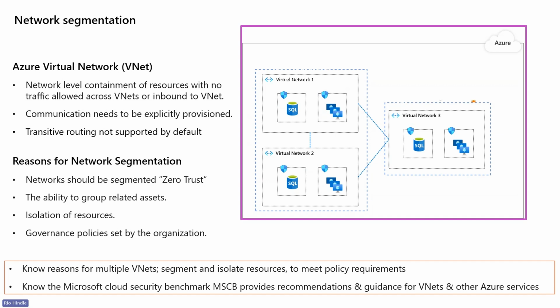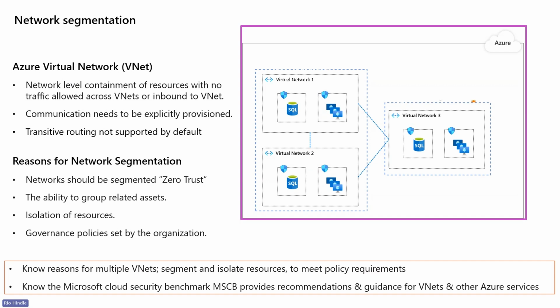So if the question is posed, or if the conversation is around how do we meet policy requirements for resources hosted in Azure, we can place them in multiple VNets, and that allows us to segment and isolate those resources. Typically, that could be my production environment needing to be segmented from my development environment, or my HR resources needing to be segmented from my engineering resources. And so that's a key takeaway from this slide.